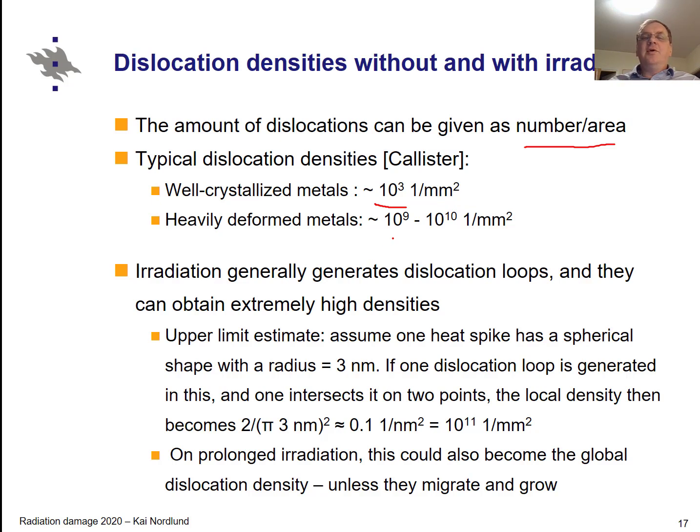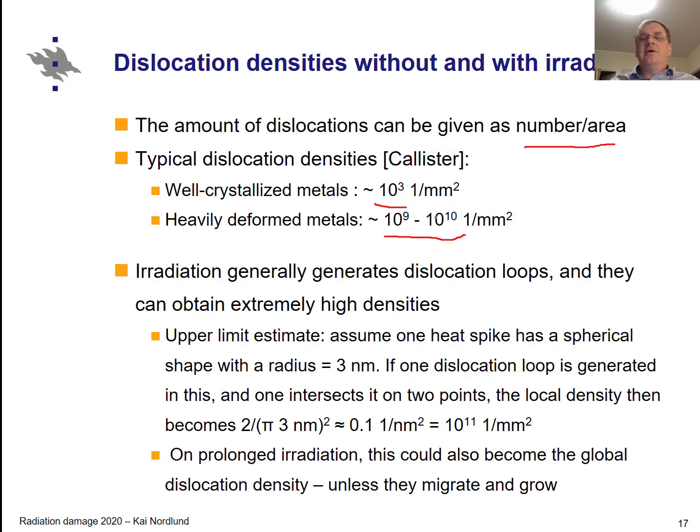On the other hand, if you have heavily deformed metals, heavily deformed means, for instance, that you take a metal and start banging on it with a hammer, and when you bang on it with a hammer, you actually increase the dislocation density. And if you do it heavily, you can get to dislocation densities of the order of 10 to the power of 10 per millimeter squared.